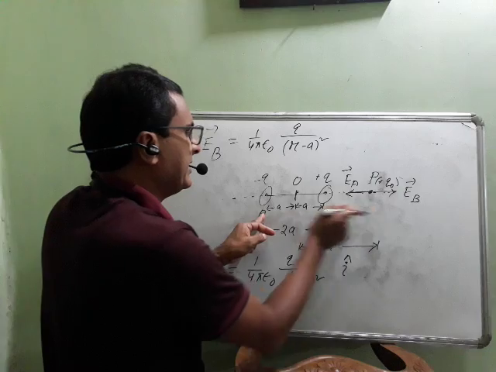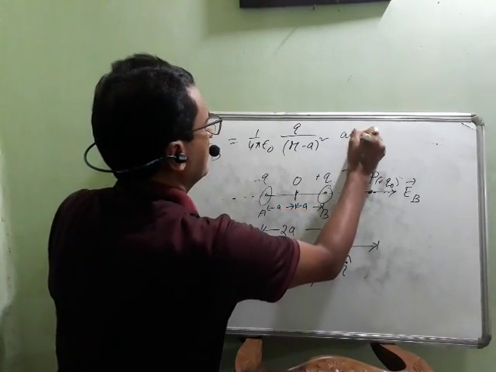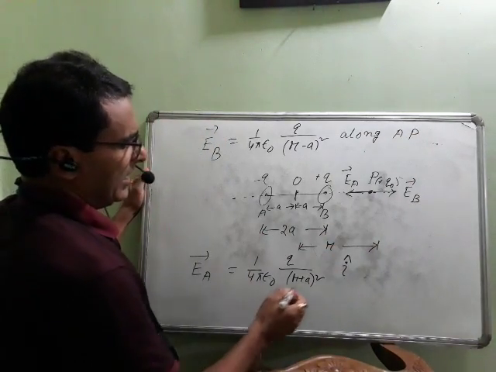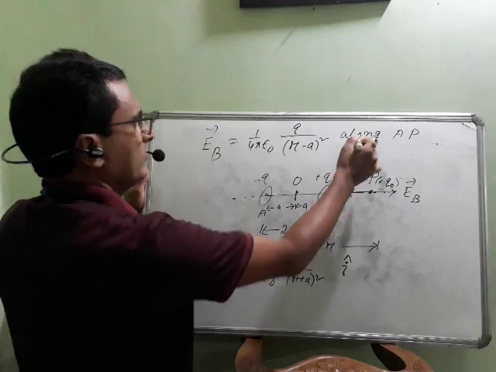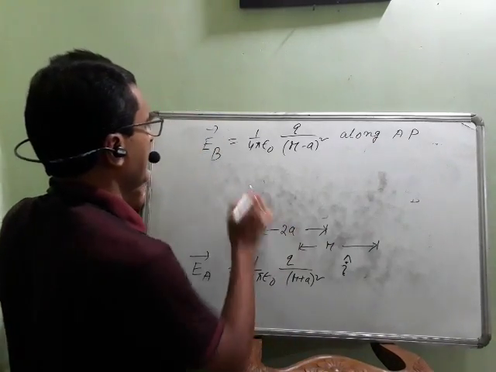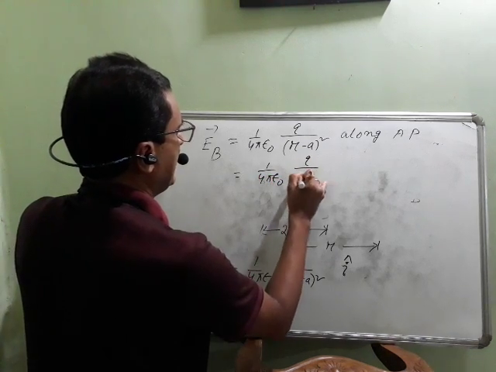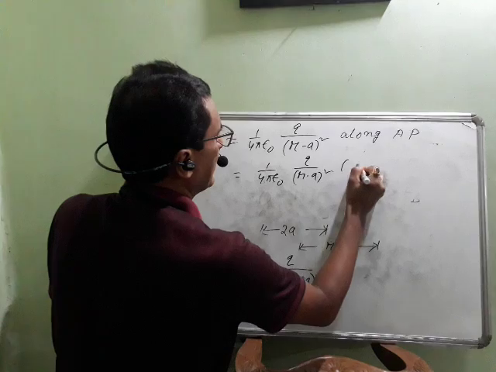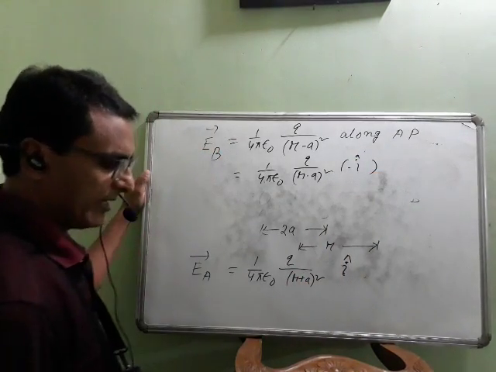Earlier it was PA, now it is opposite, so AP. Earlier we assigned i cap in the direction of PA, now it will be minus i cap. So we can write 1 by 4 pi epsilon naught, q by (r minus a) whole square, and instead of along AP, we put here minus i cap.